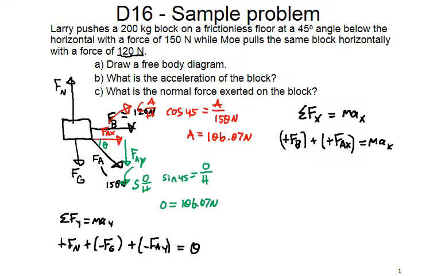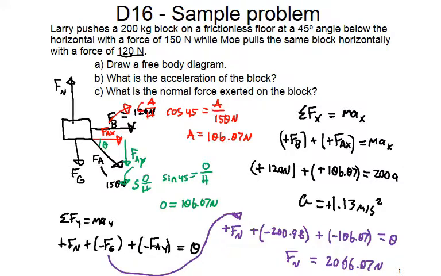So in the y, we have the positive normal force, negative force of gravity, and then the negative force applied in the y. Those are acting downwards. For the x, we have the positive force B and then positive force applied in the x. And we can determine these values from what we have here.